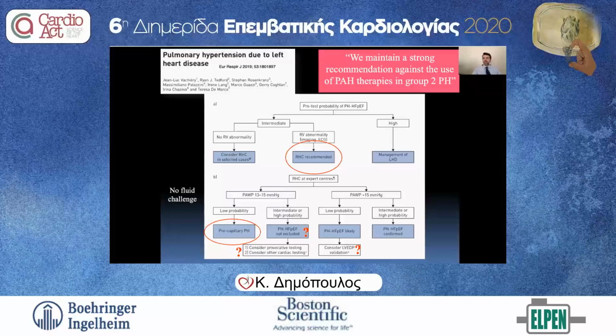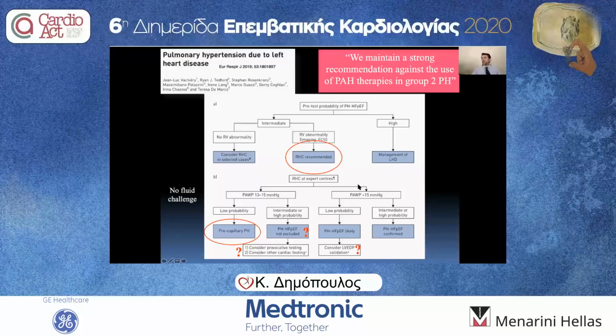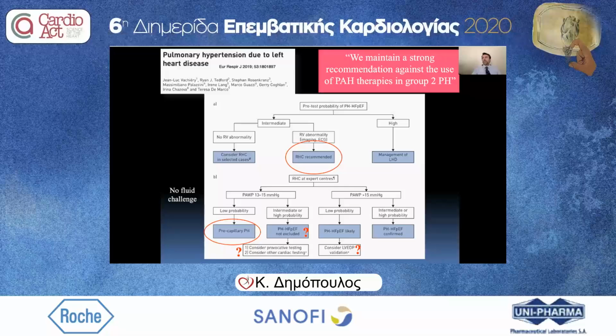And then when you go and do your right heart catheter, if there are any doubts and the wedge is borderline or increased, then you need to use your pre-test probability to find out if this is truly just post-capillary pulmonary hypertension or there is a significant precapillary component. This is still a matter of debate and quite complicated.